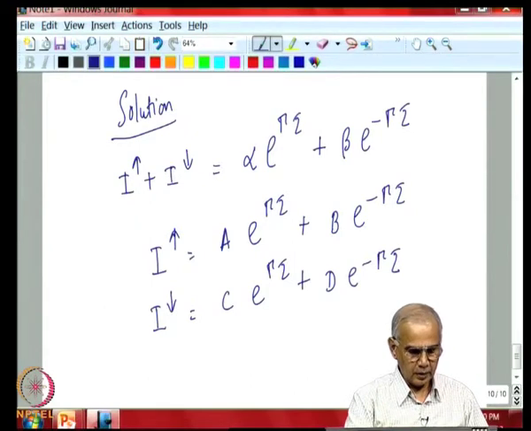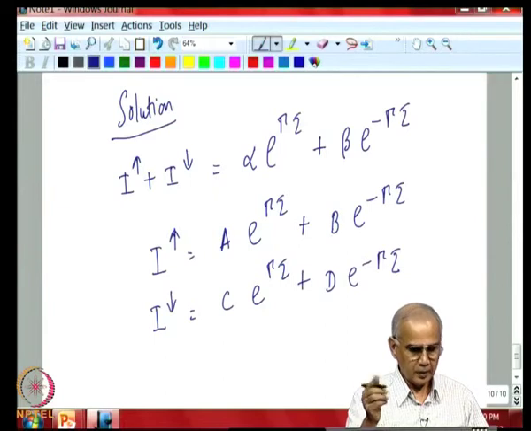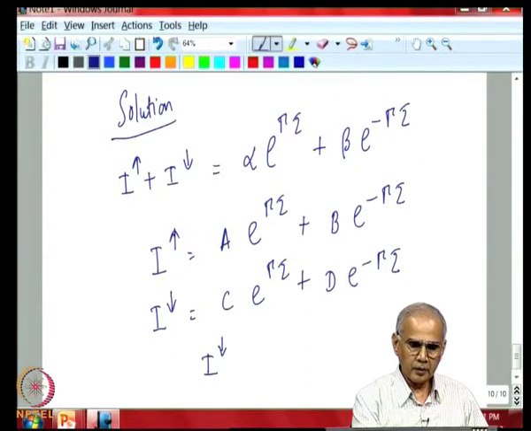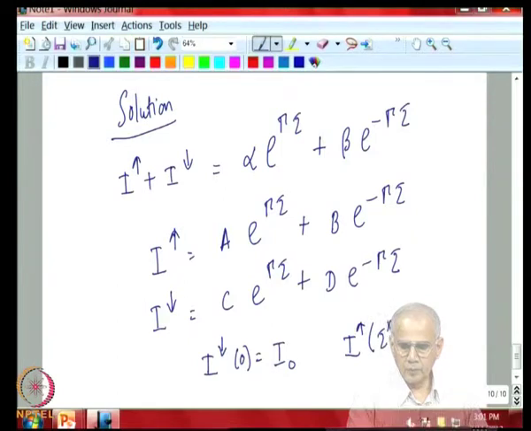and we need now of course to solve this equation, we need a boundary condition, and the boundary condition that we will say is that the downward intensity that is coming in, let us say solar radiation, is I0, and at the bottom the total optical depth.